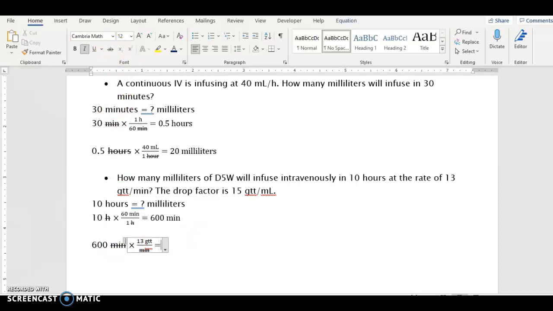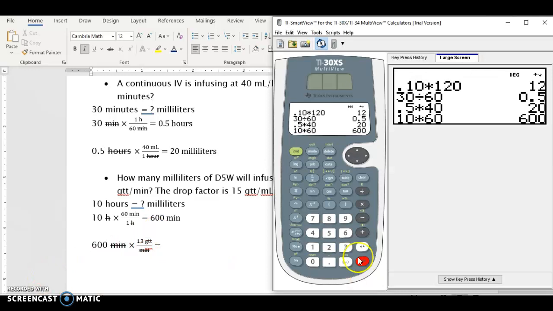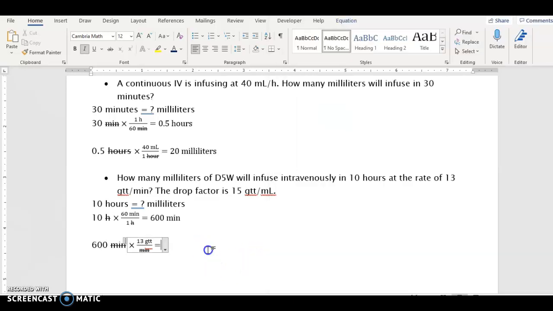That gives us the number of drops that are infused over the 10-hour period. So 10 hours is 600 minutes, and in the course of 600 minutes, we are going to infuse 7,800 drops. 600 times 13 is 7,800.